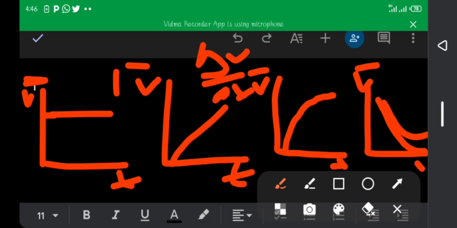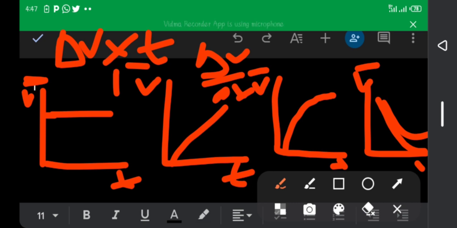Now let's go to the area. The area will be velocity times time. Velocity times time will represent what exactly? Your displacement. But don't forget that the formula for calculating velocity is change in displacement over time.